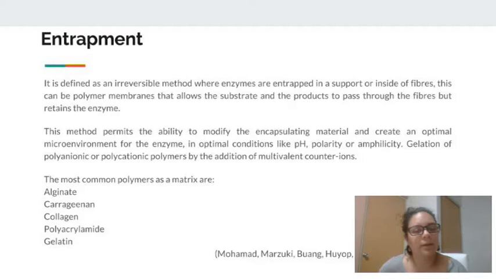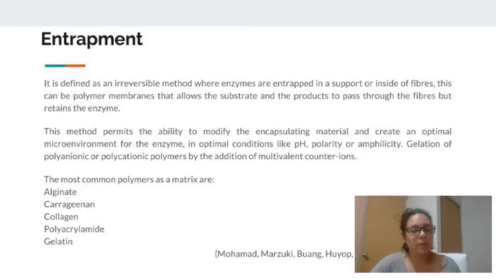We talk about entrapment, and we use sodium alginate. This is a major structural polysaccharide that comes from brown algae and contains beta-D-mannopyranosyl uronate and alpha-L-gulopyranosyl uronate, and these are homopolymeric sequences that are found together in the presence of monovalent cations.